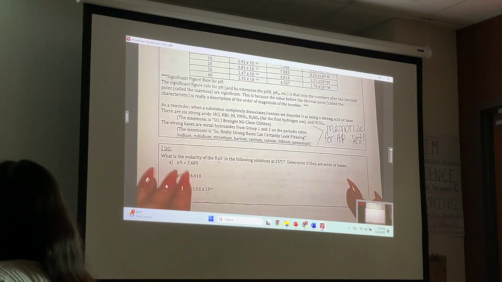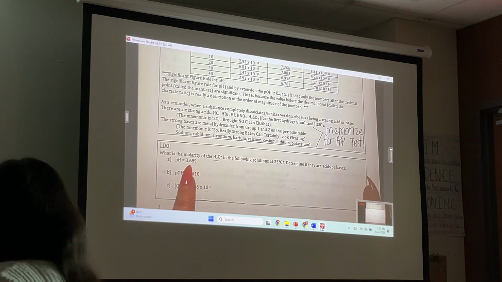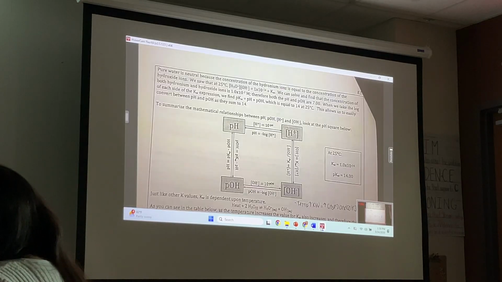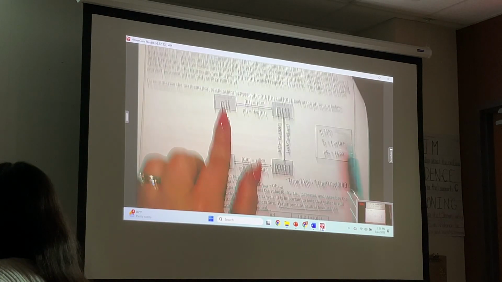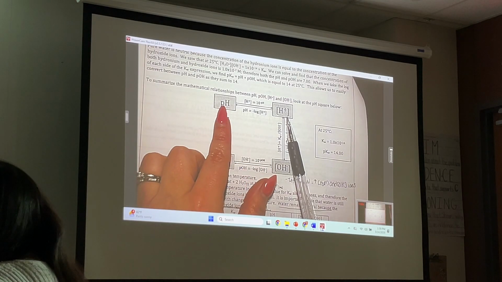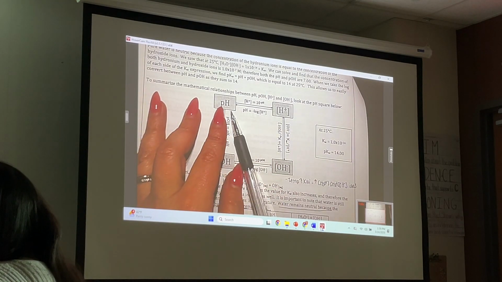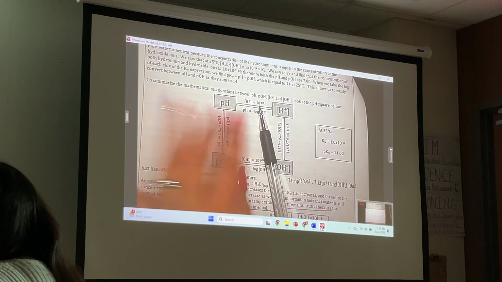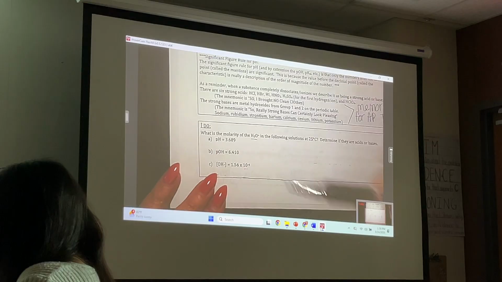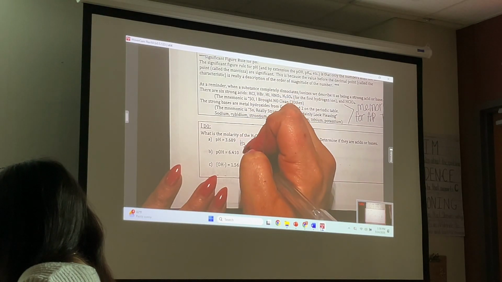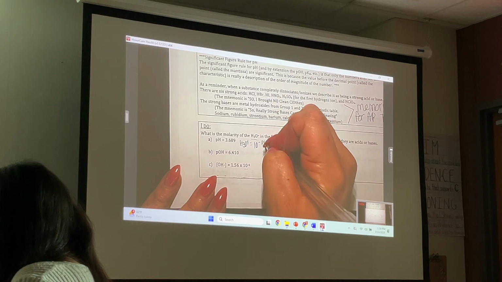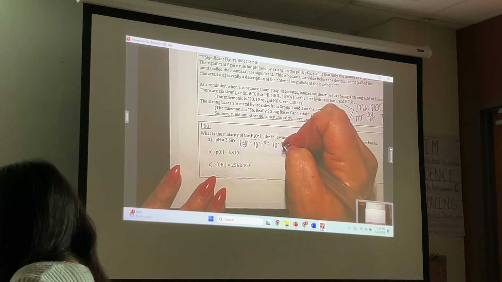All right, for my first one, it gives me a pH of 3.689. So we have this, but we want that. Let's follow our arrow. To go from pH to H3O, what do we do? It says 10 to the negative pH. So my H3O is equal to 10 to the negative pH, so 10 to the negative 3.689.